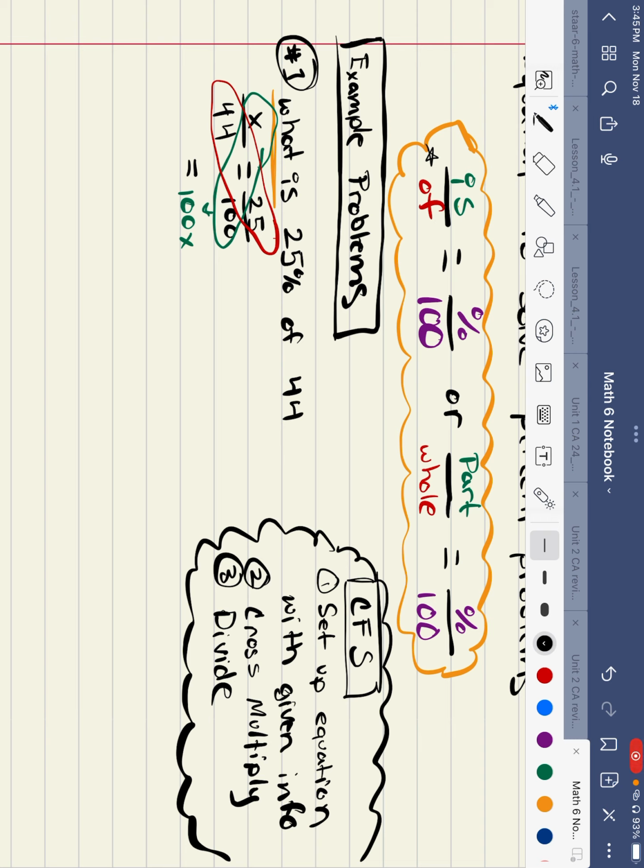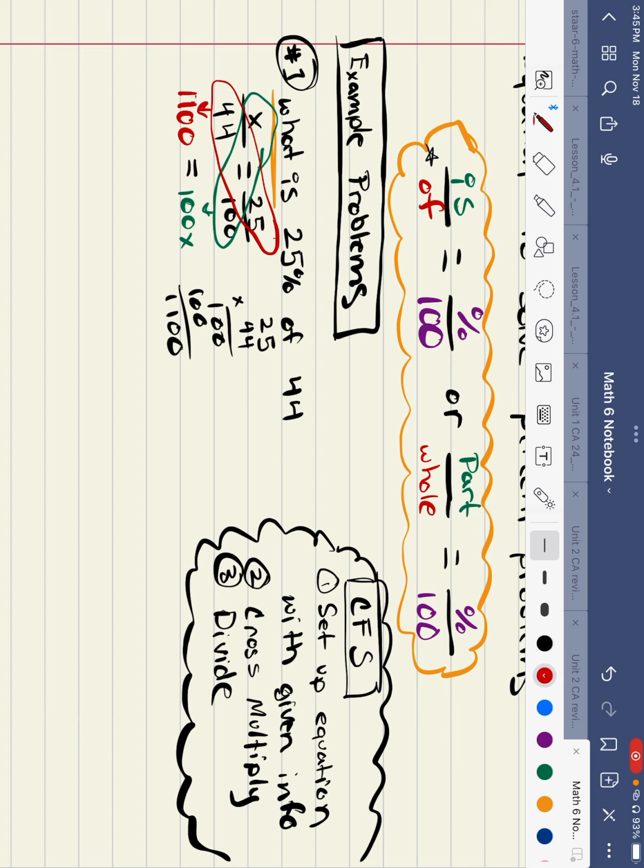You may not know this by heart. What is 25 times 44? Just work it out. Don't stress yourself. And once you work this out, you'll see that, okay, 25 times 4, that's 100, and this is going to be 100, equals out to 1100. And that's what goes here.